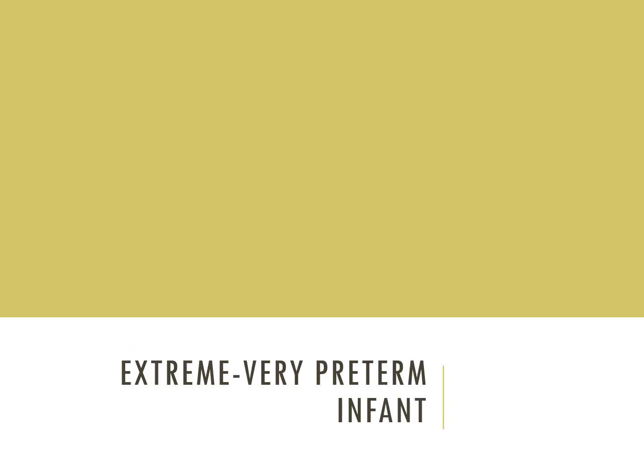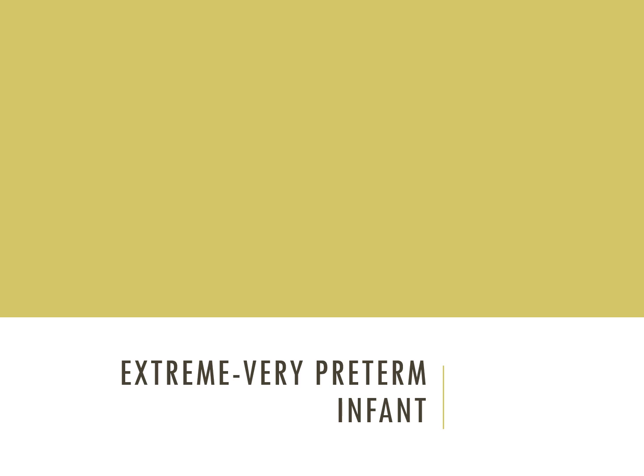The World Health Organization has also further classified infants based on their gestational age. What we're going to start off with is the classification that anyone less than 36 and 6/7 weeks would be considered premature. But we further categorize those premature infants because they present with slightly different problems.